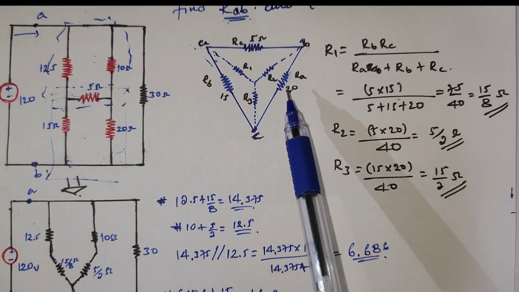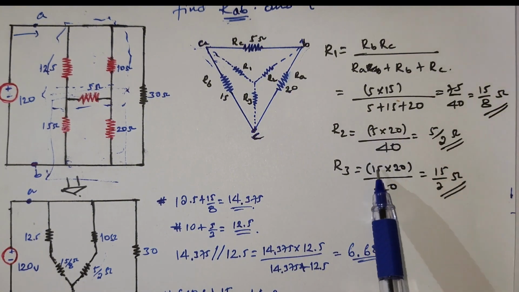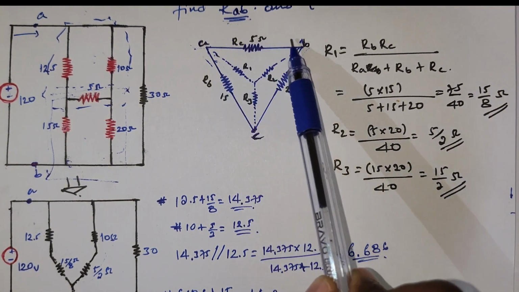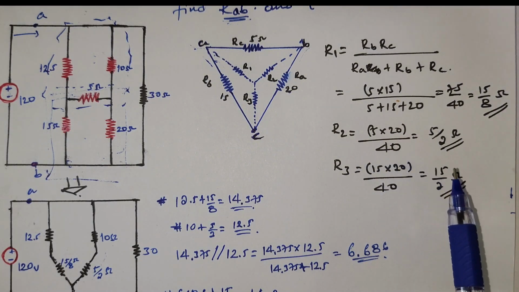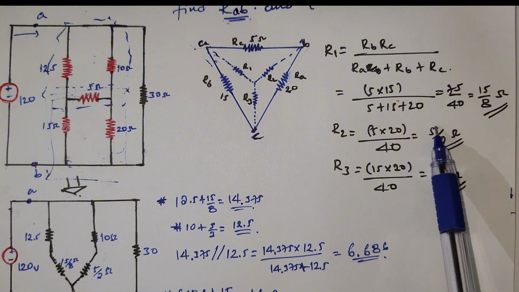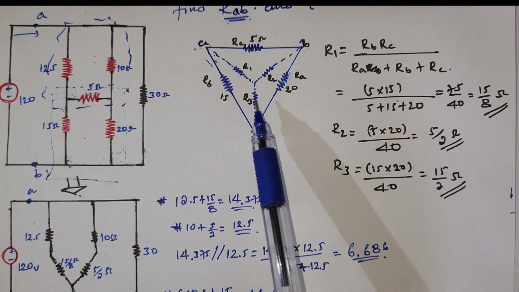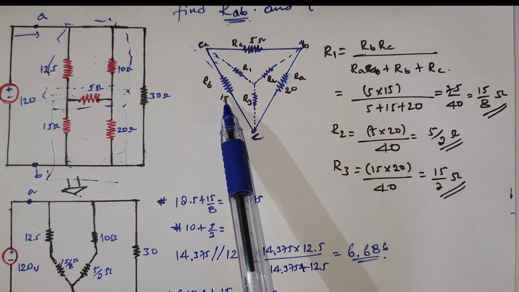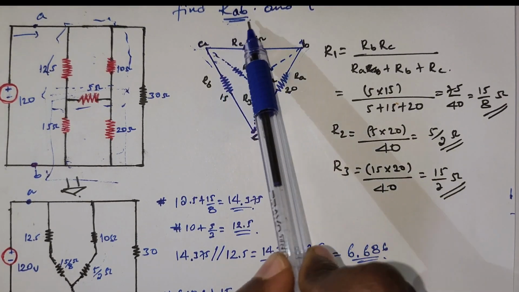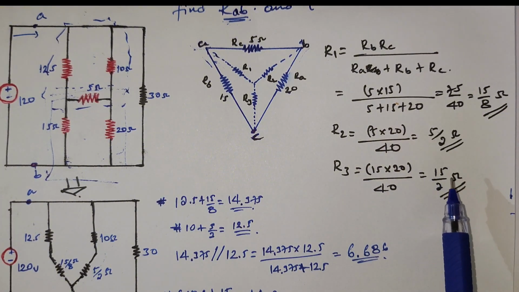For R2, we multiply the adjacent resistors, 5 times 20, divided by the sum of the 3 resistors, which is 40, so the result is 5 over 2. For R3, we multiply the adjacent resistors, 15 times 20, divided by the sum of the 3 resistors on delta, which is 40, giving 15 over 2.